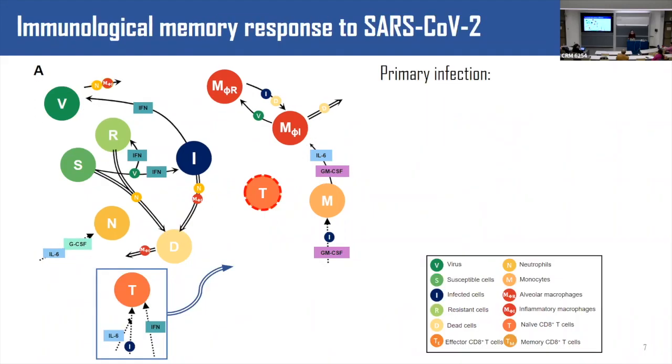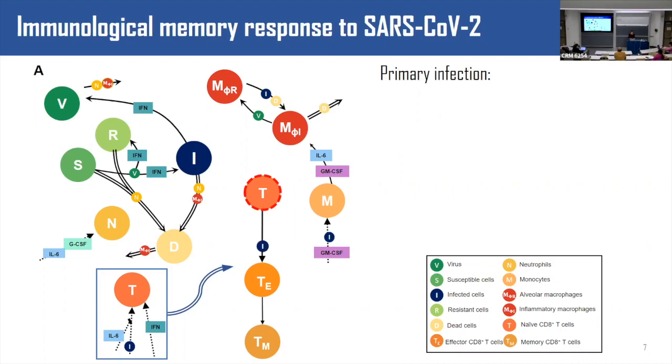To model the immunological memory response, we extend our previous model by introducing the generation of two subsets of CD8 T cells, the effector CD8 T cells and memory CD8 T cells. And we consider primary infection and reinfection separately because the generation processes are different. For simplicity, we'll assume that this differentiation process is linear.